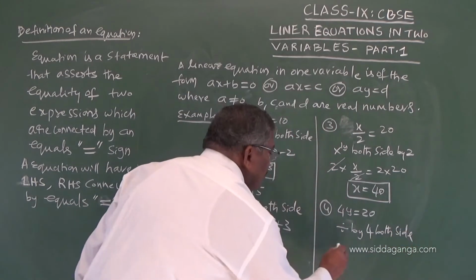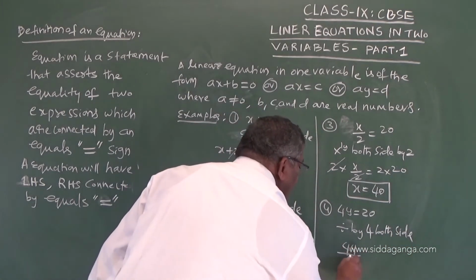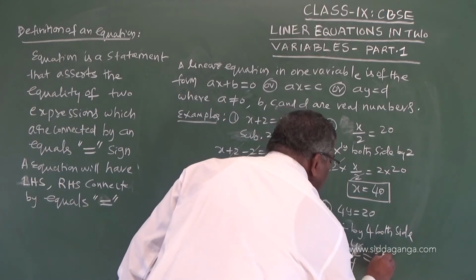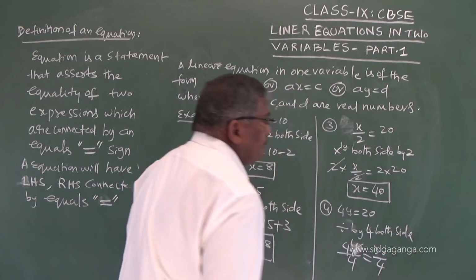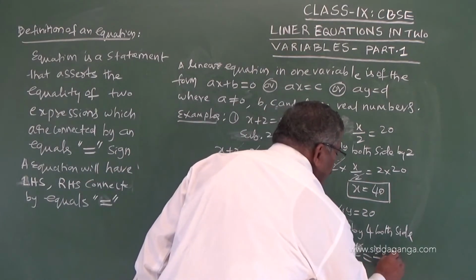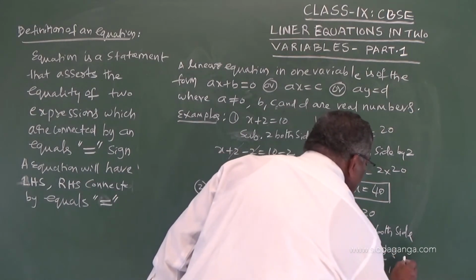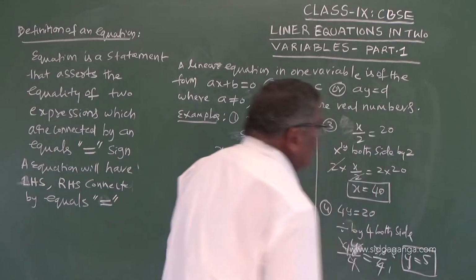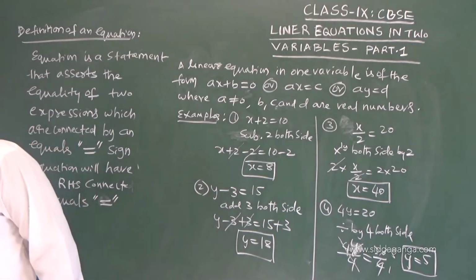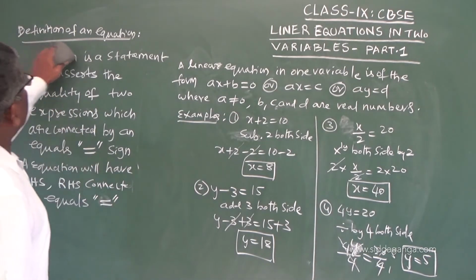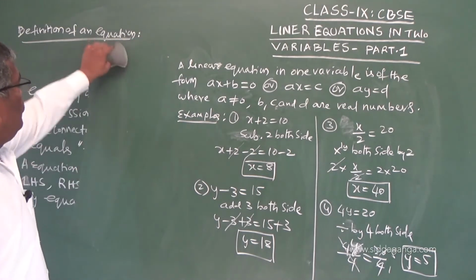So therefore 4y divided by 4 equals 20 divided by 4. So 4 and 4 cancel. 4 ones are 4, 4 fives are 20. You will get y is equal to 5. With these simple examples, we will write some concluding sentences now.